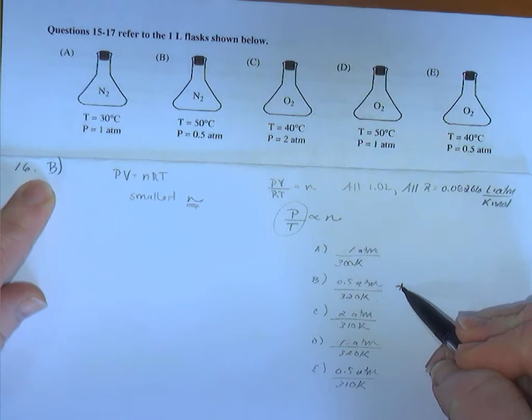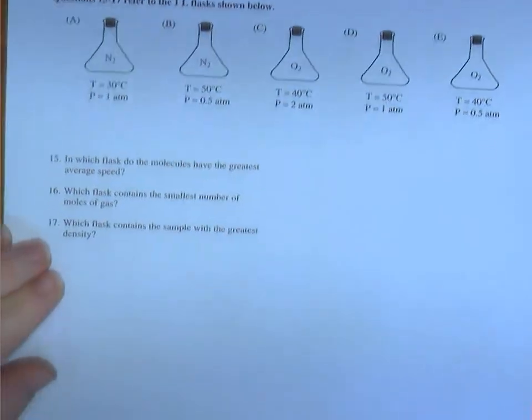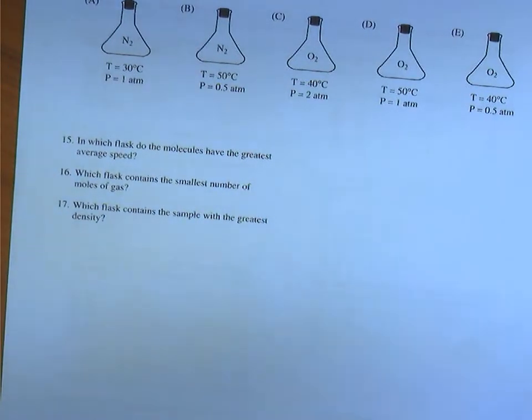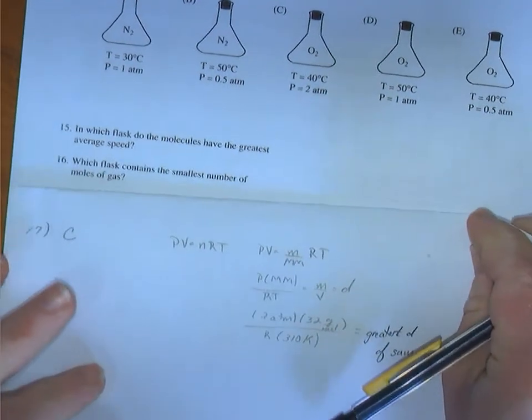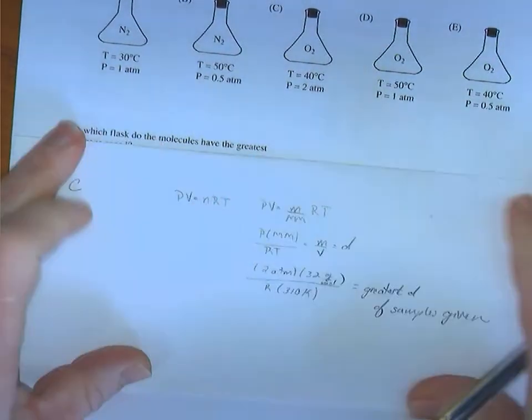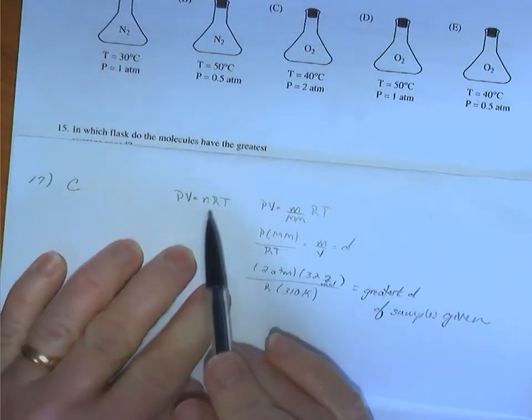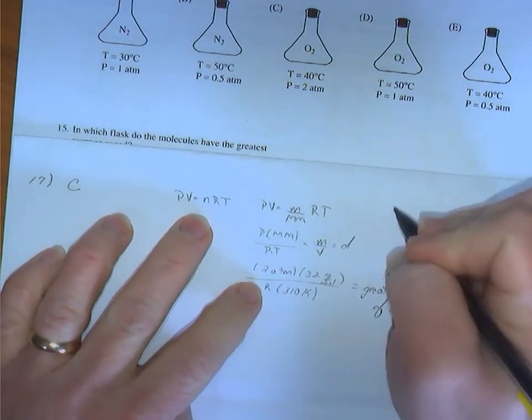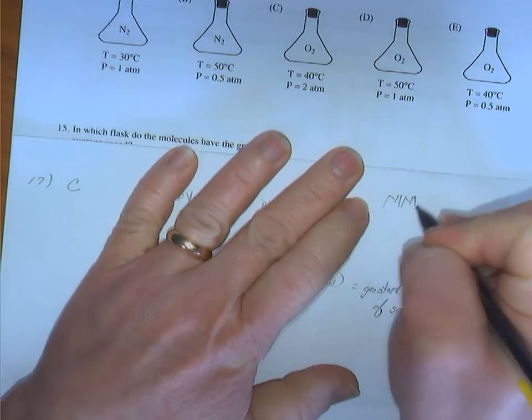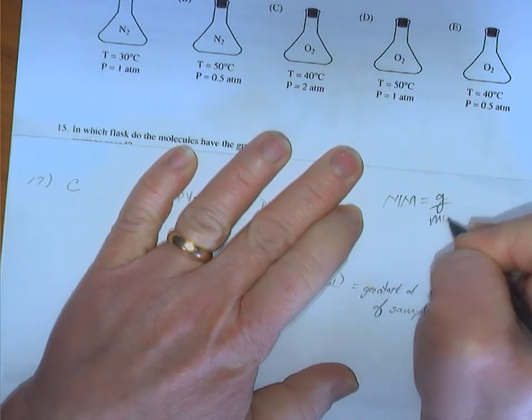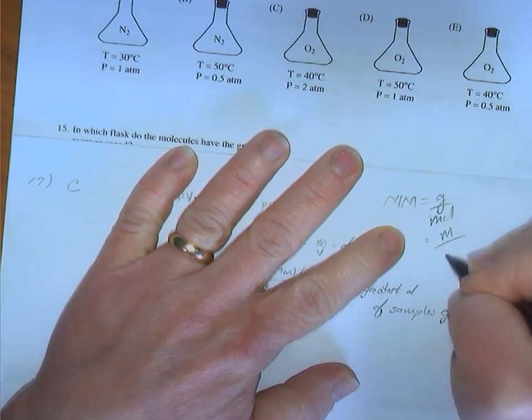All right, 17, the greatest density. If you remember, we can also, from the ideal gas law, get an expression for density. So PV equals nRT. Remember that molar mass is gram per mole. So I can express this as mass per mole.